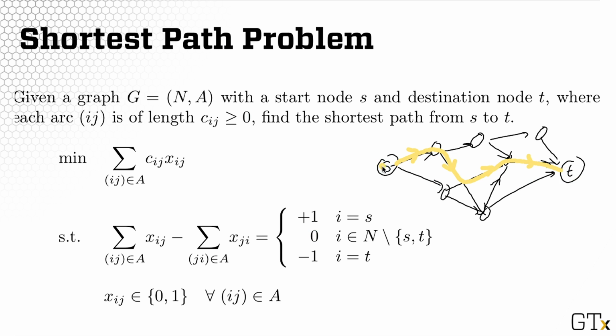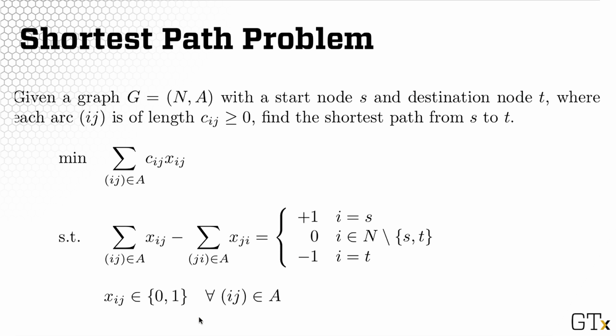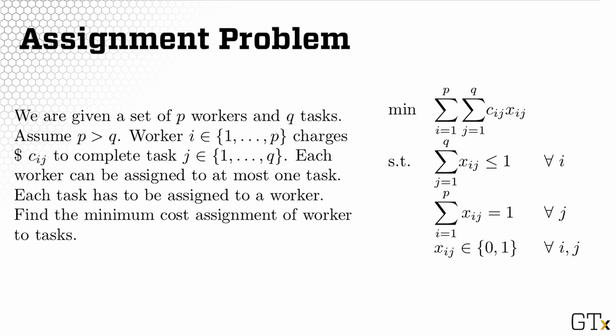If you're the start node, there has to be at least one arc leaving node I. If you're the end node, there has to be at least one arc entering node I. Actually, exactly one arc. These are the flow balance constraints. As you can see, this is an exact example of a network flow problem. So we can forget about the integrality requirements and relax it to a continuous variable. This is a linear program, and once we solve it, we are able to solve the shortest path problem.